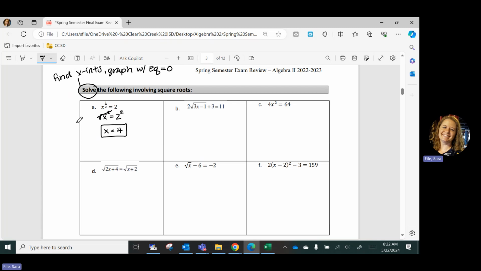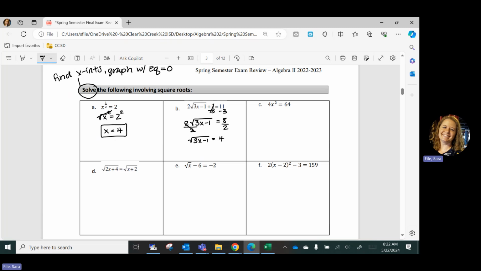Let's look at B. If I want to solve algebraically like I did this one, I need to isolate the radical term, the square root. So I need to get this square root by itself. So first I would subtract the 3 over. And then I would divide out the 2. Now I've isolated the radical.